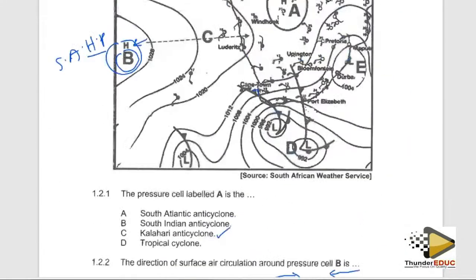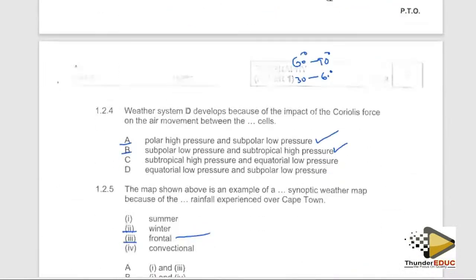So weather system A, we said that is the Kalahari high pressure cell, and we know high pressure cells are responsible for causing, let's check the first option. They don't result in rain, so this is out, which makes the answer false. As well, option B, because high pressure cells will not normally cause rainy conditions, especially since we are dealing with winter season.